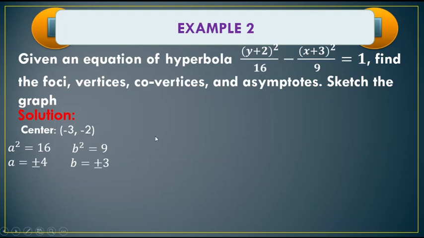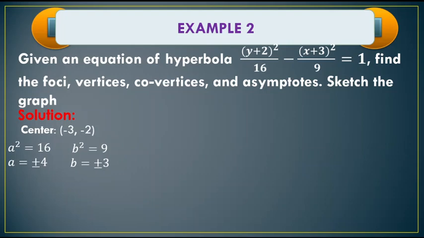Okay. And then next, since meron tayong A and then B, ang goal natin makuha yung value ni C. So gagamit tayo ng A squared plus B squared is equal to C squared. Laging tatandaan, kapag A squared plus B squared ang hinahanap natin, yung C squared natin dapat mas malaki kay A squared tsaka kay B squared. Kasi pag inadd yung dalawa, katumbas siya ng C squared natin.